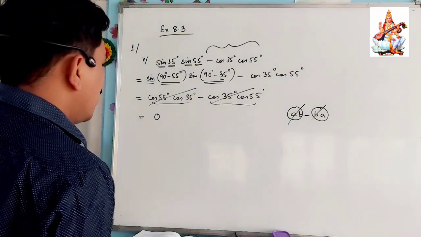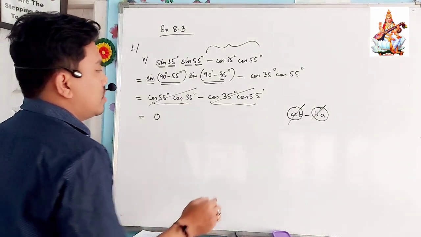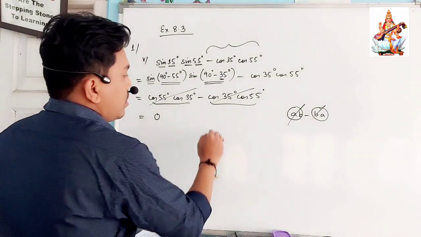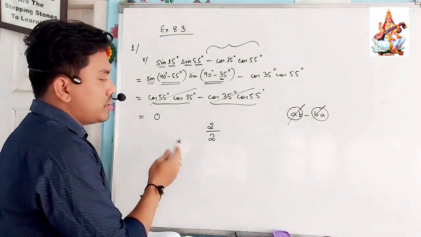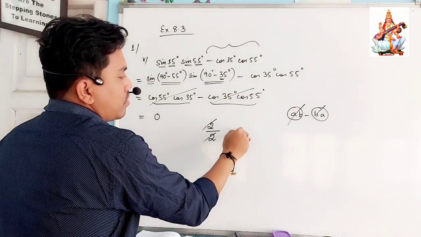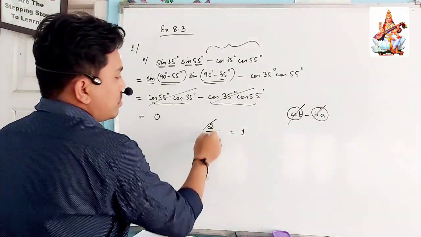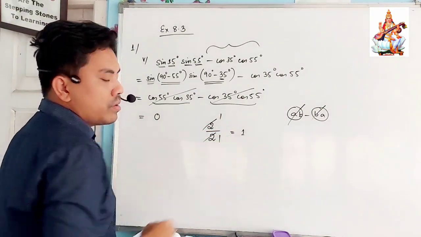Now, sometimes when I check the answer sheets, I find one common mistake. Some students, when you cancel the same numbers, if it is in division form, then the answer will be what? 1. Why? 2 will be cancelled by 2, how many times? 1 time. 1 by 1 will be what? 1.